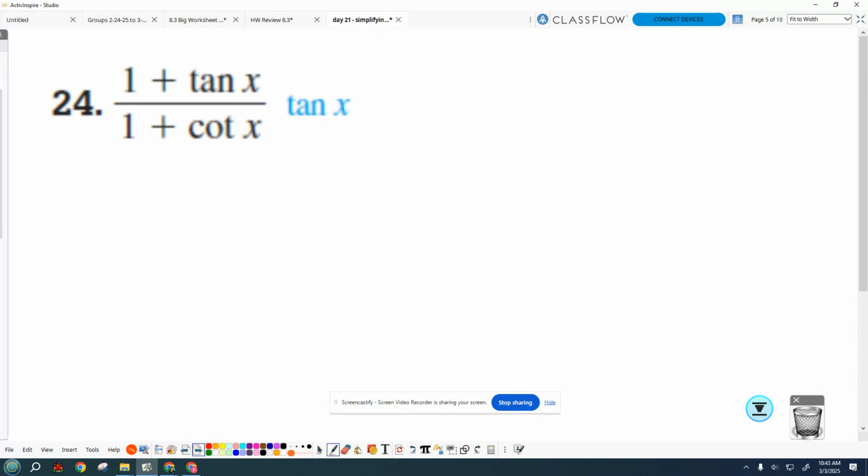Is 1 plus tangent equal to secant? Okay, I heard a yes. And I disagree.